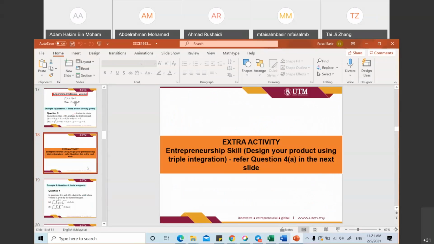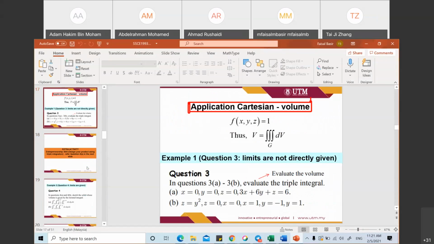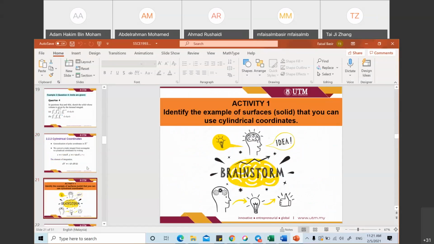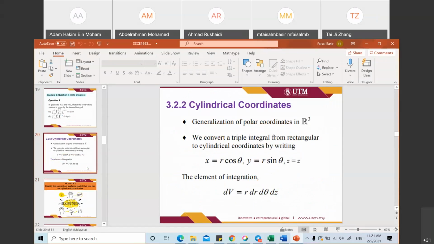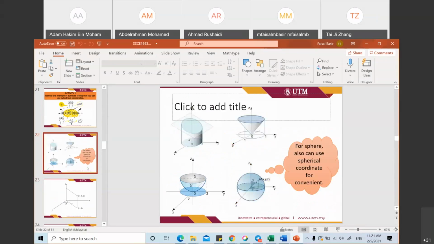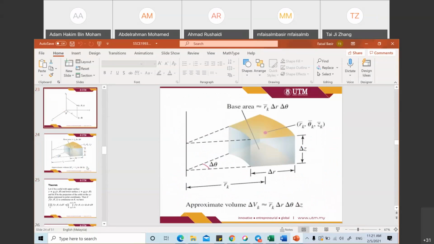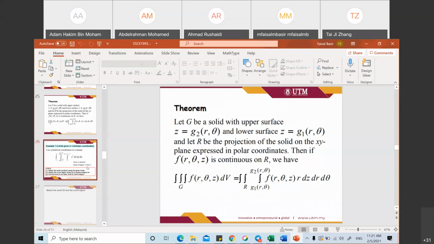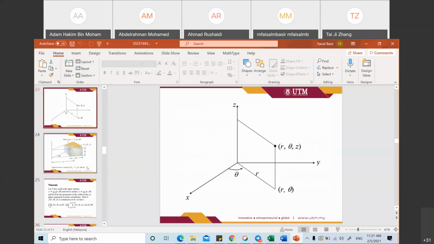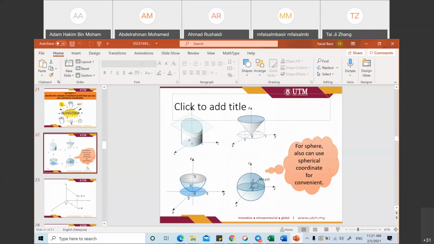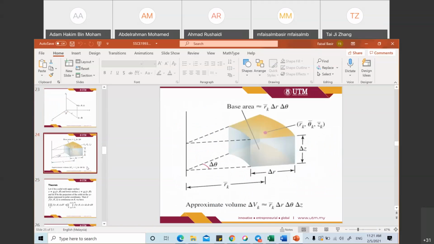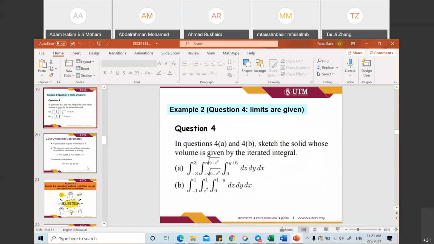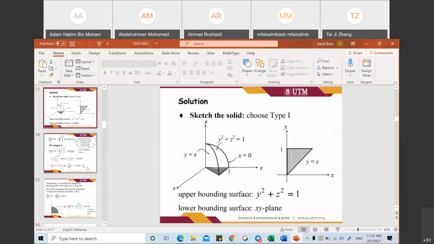Is it here? Did I teach the cylindrical coordinate to you? Not yet. Cylindrical, not yet. So for plane, is it okay?